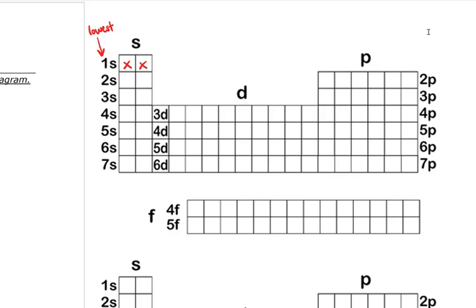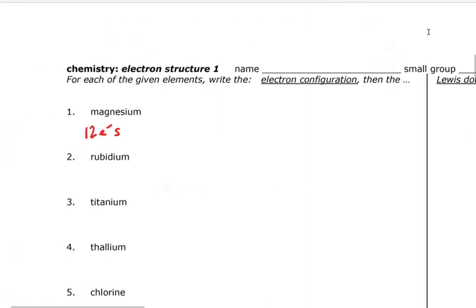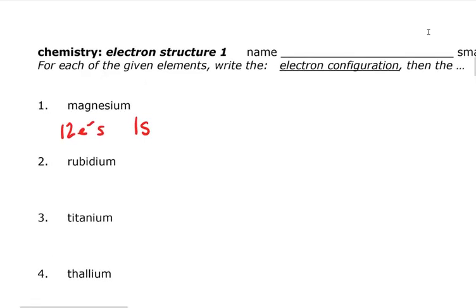I've put 2 electrons into energy level 1, sublevel S, or shape S. So I would say that there are 2 electrons in the 1s, and we're not done yet, but I'm going to just write this down and work through this first one, very baby step. I put 2 electrons into 1s, and the way that we write that in chemistry is we write 1s2. This little 2 on the top here does not mean squared like it might mean in math.